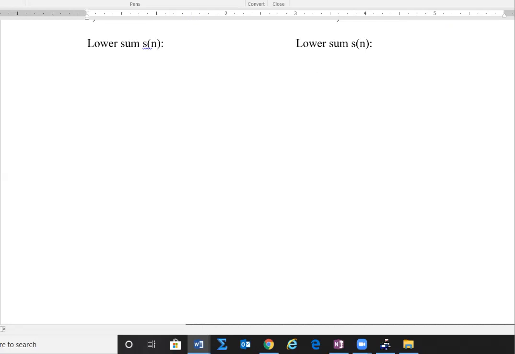So what that means is that if this is your graph, okay, here's your graph. It's 2x squared plus 1, so it comes through something like this.